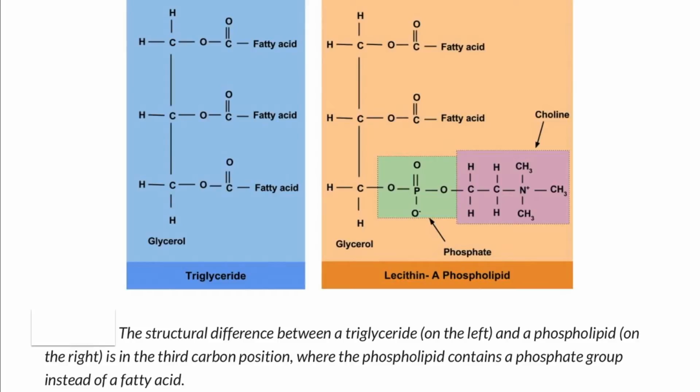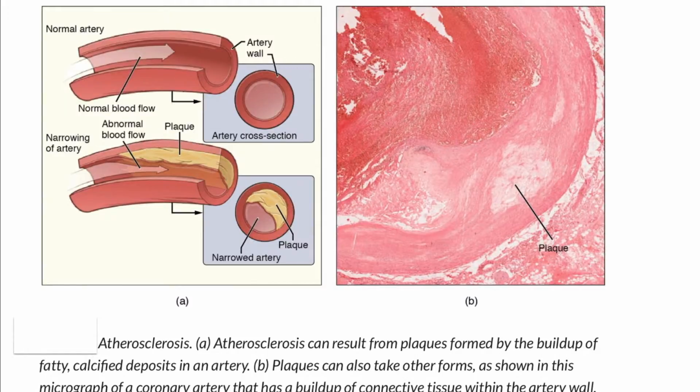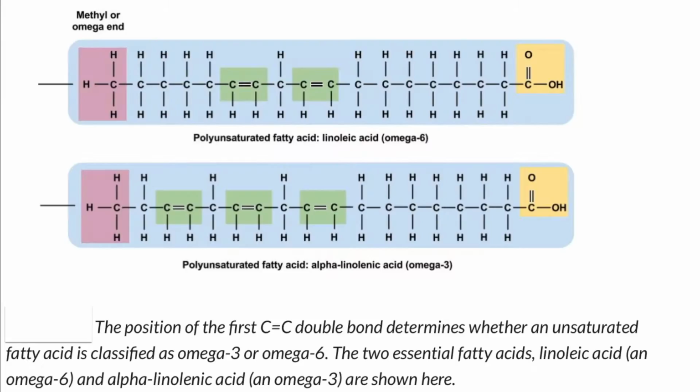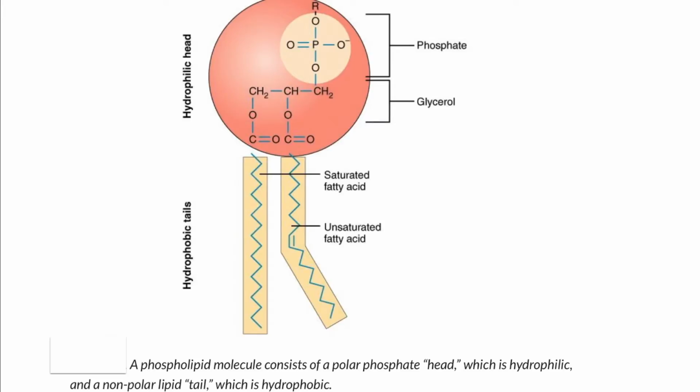Omega-3, omega-6, and essential fatty acids. In addition to the length of the carbon chain and the number of double bonds, unsaturated fatty acids are also classified by the position of the first double bond relative to the methyl, or CH3, or omega end of the carbon chain, the end furthest from the glycerol backbone in a triglyceride.